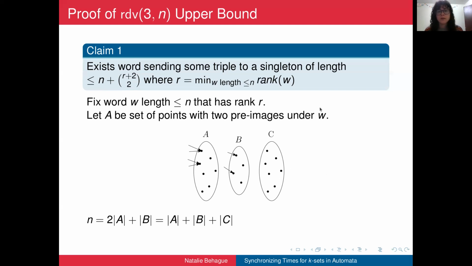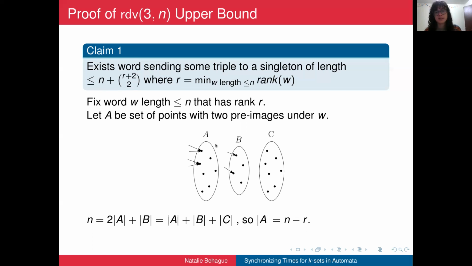Okay, we also know that W has rank R, so that means it only has R things in its image. So we know that C has size n minus R, and from this equality here, we know that the size of A is the same as the size of C, so A also has size n minus R. And then to finish off the proof of the claim, we just apply Frankl-Pin to the set A. So we apply W to send some pairs to some singletons, and then we can find one of the pairs within A that gets sent to a singleton.